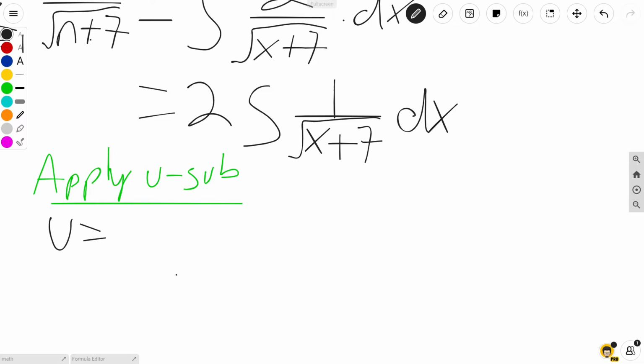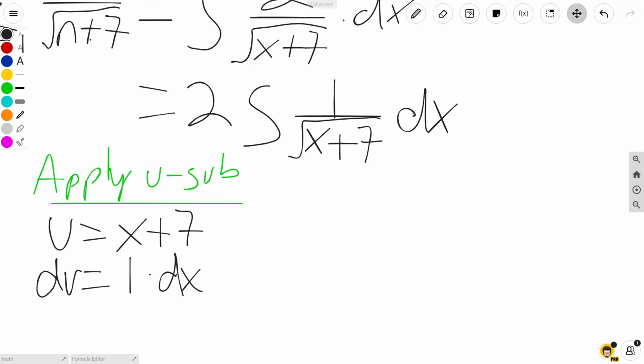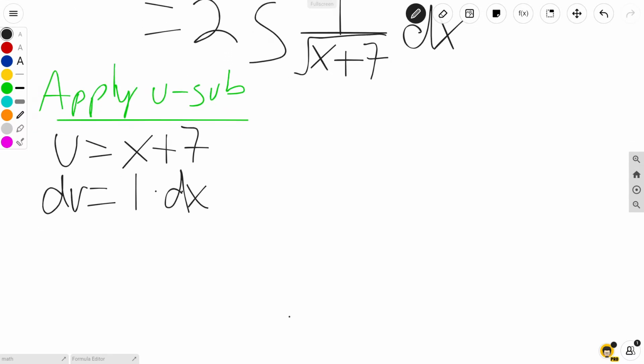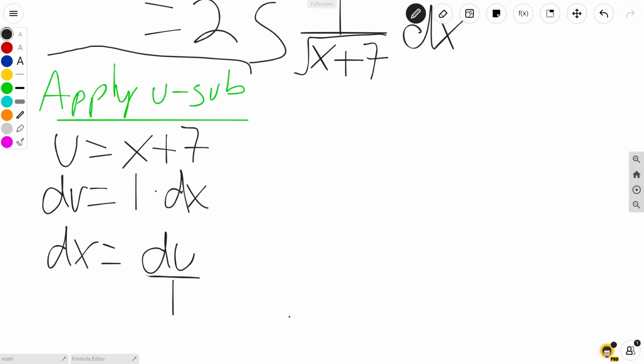So our u is equal to x plus 7. Our du is equal to 1 times dx, and our dx is equal to du divided by 1. So now we can substitute this back into our function. So this is what we had.